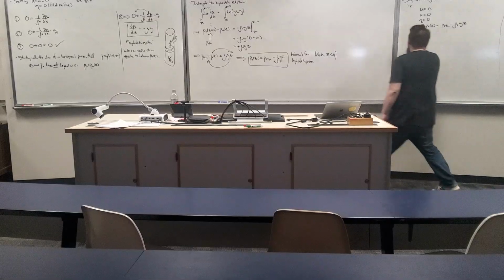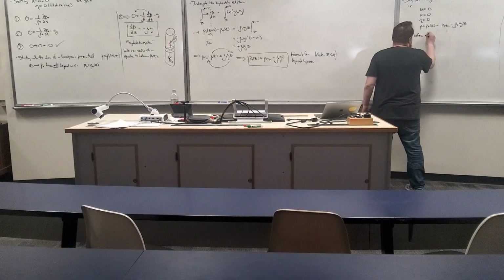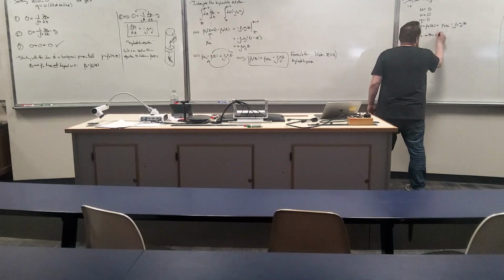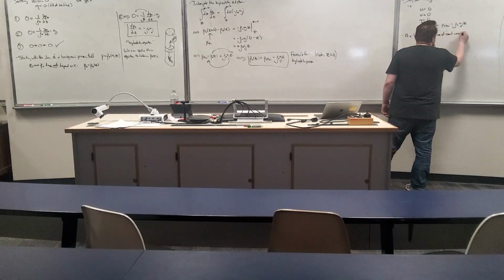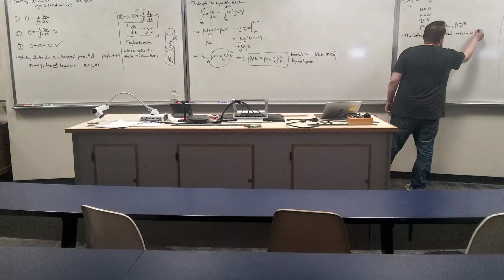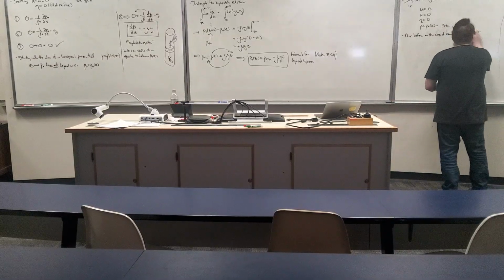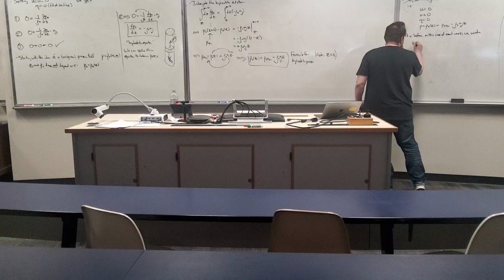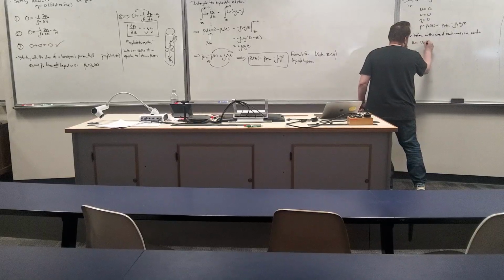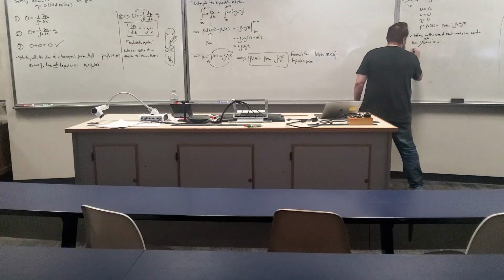And as before, in the case of sound waves, we write U equals U naught plus U prime. We're going to set U naught to 0, so that's just equal to U prime.